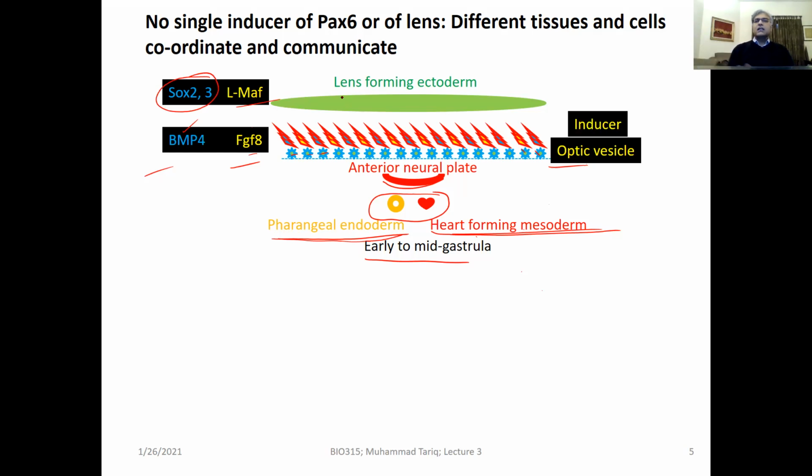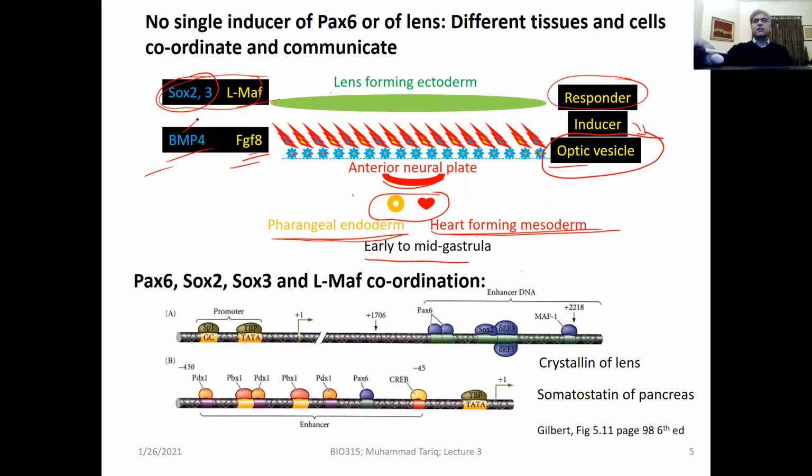In this whole scenario, the optic vesicle is the inducer, sending signals in the form of FGF8 and BMP4, and the lens-forming ectoderm, the head ectodermal cells, are the responders, okay? And they respond by producing these transcription factors.